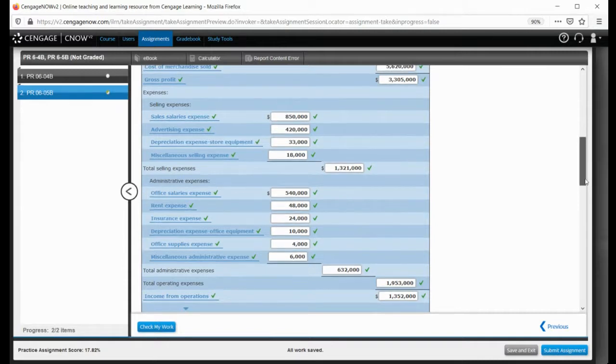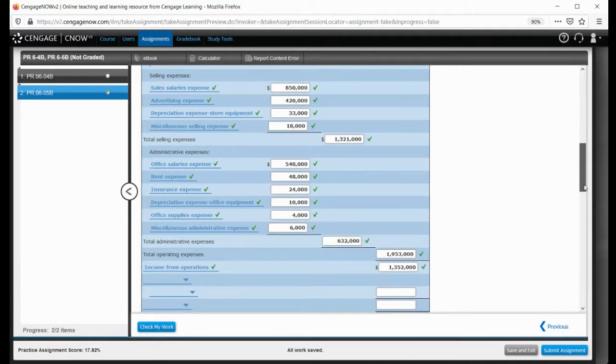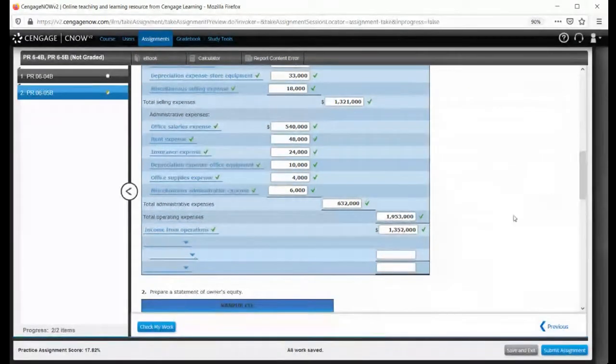Once you've determined your income from operations, the next section, which is really the last section, is for you to record any types of other revenue accounts or other expense accounts that you might have. This is a heading, and it should be other income and expense.